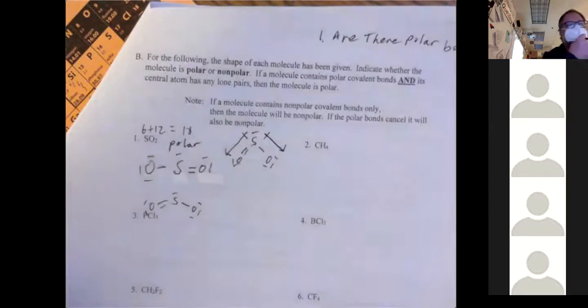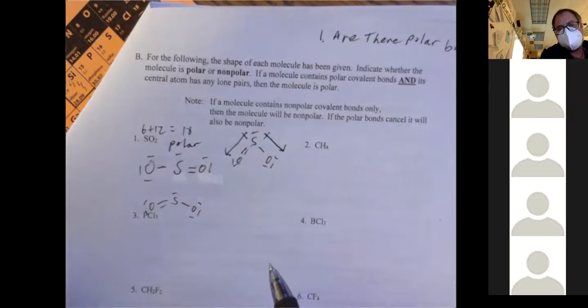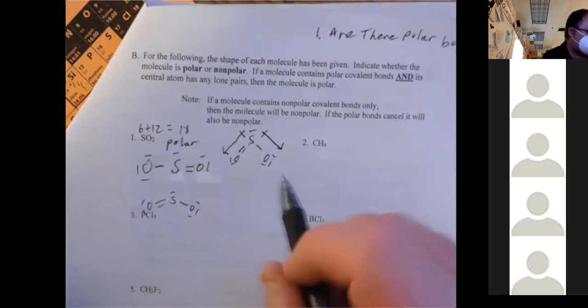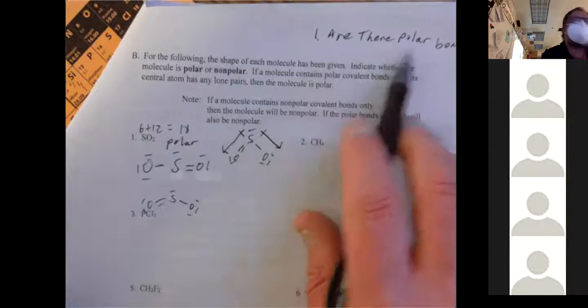So these molecules would stick together like water. Now this thing is huge. If it's polar, it tends to have a higher boiling point, and stuff like that. So this polarity thing is a big, big thing as to how the world around us exists. Now, keep in mind, I said, are there polar bonds?